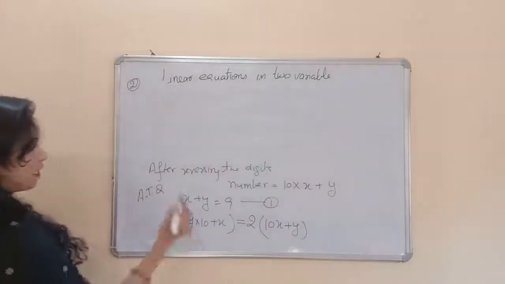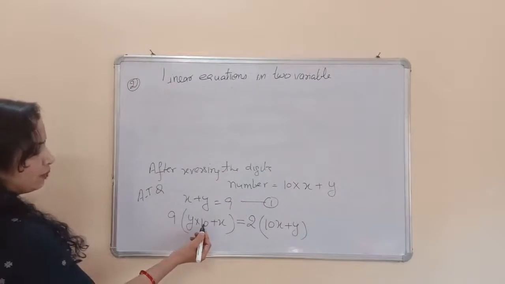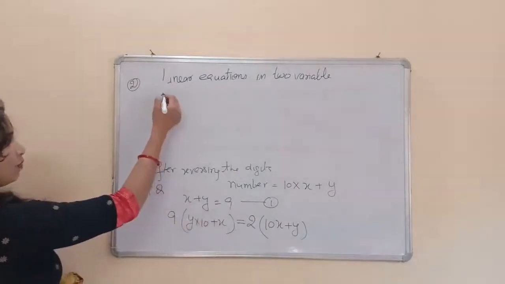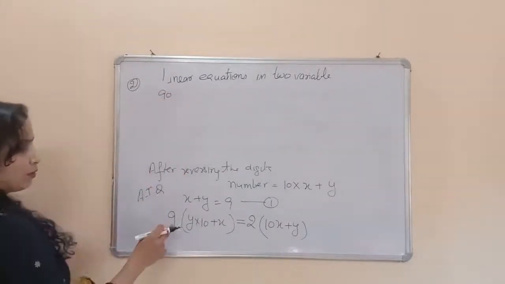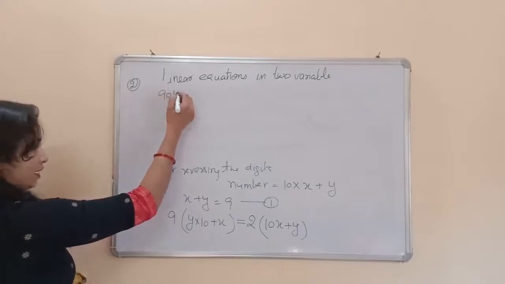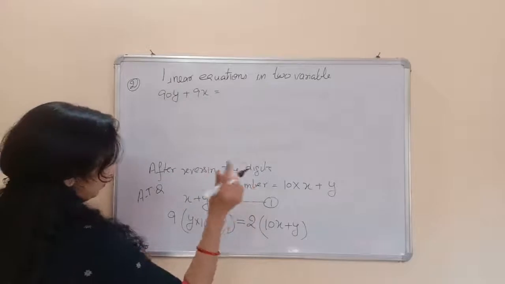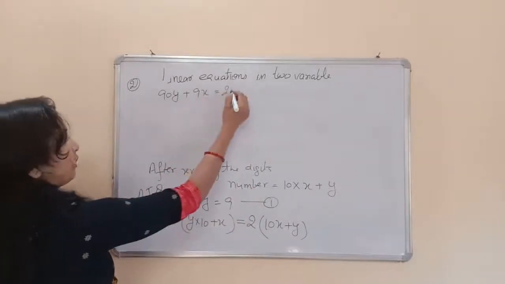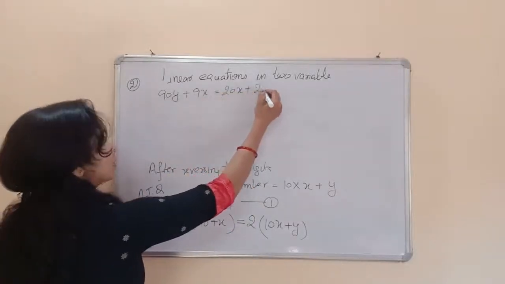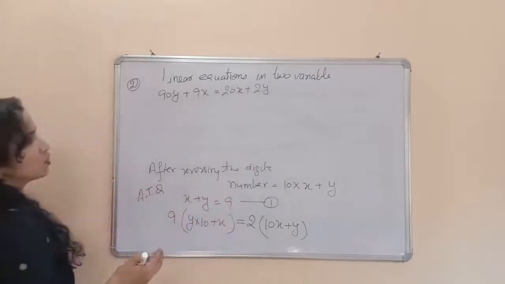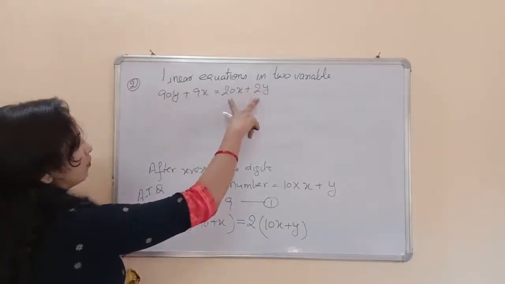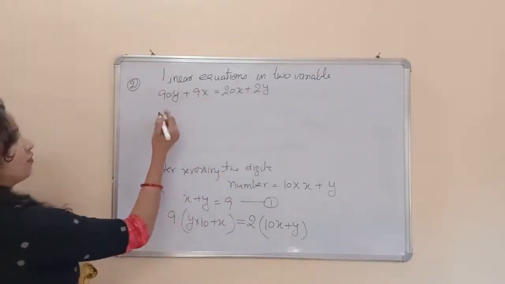So now the second equation we can simplify it. It will be 10y plus x, and after multiplying by 9, 90y plus 9x is equal to 20x plus 2y. So we bring these both towards the left side.